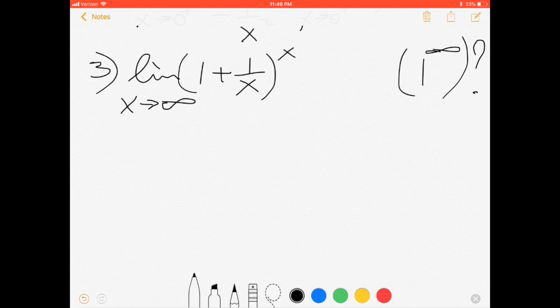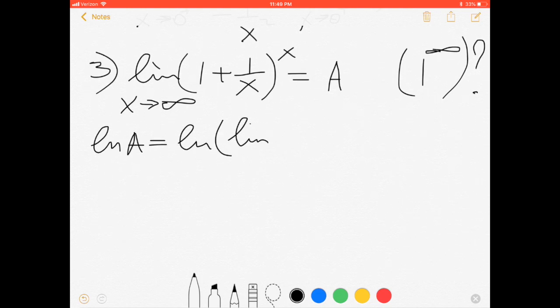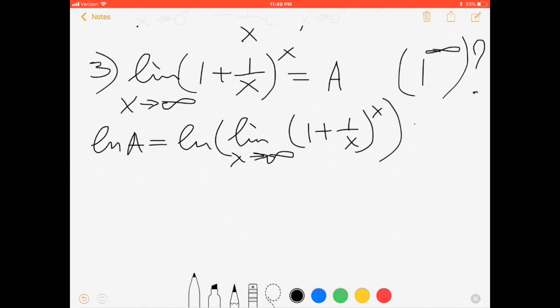Okay. Pretend we know what it is. It's some number a. Now I can take the logarithmic function of both sides of my equation, and then I have ln a. That will be ln of the limit as x approaches infinity of (1 plus 1 over x) to the power x.